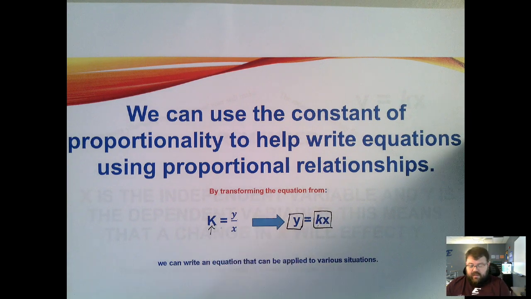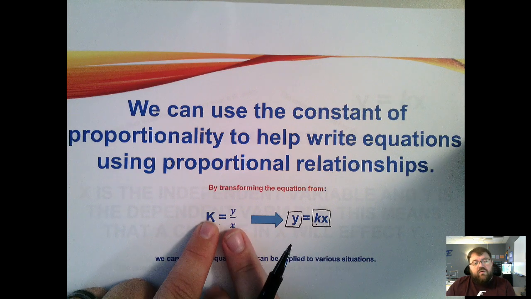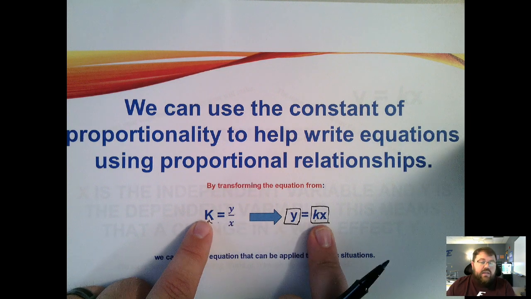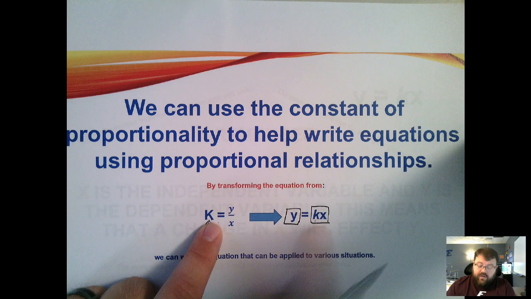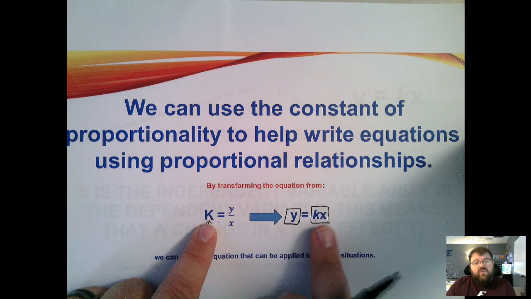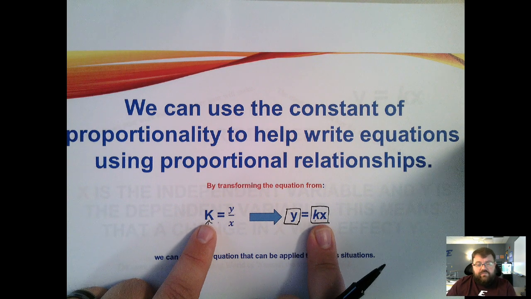Okay? Now with this one, dealing with our constant of proportionality, which I had you write down on a sheet of paper, what we did is we simply manipulated this equation to get here. Okay? We're still going to need this to calculate our unit rate and our constant, but this is going to be what we write our equation.